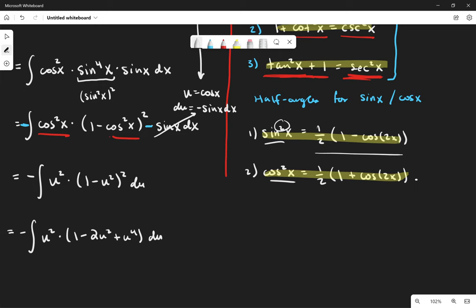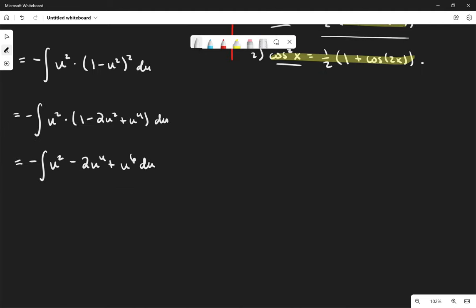If it helps you, you might want to write out that foiling. Negative integral of u squared minus 2u to the fourth plus u to the sixth. Now I'll distribute this negative sign: negative u squared plus 2u to the fourth minus u to the sixth. Just a power rule.